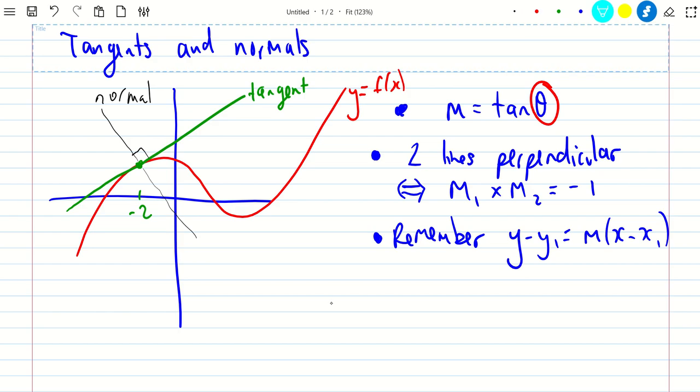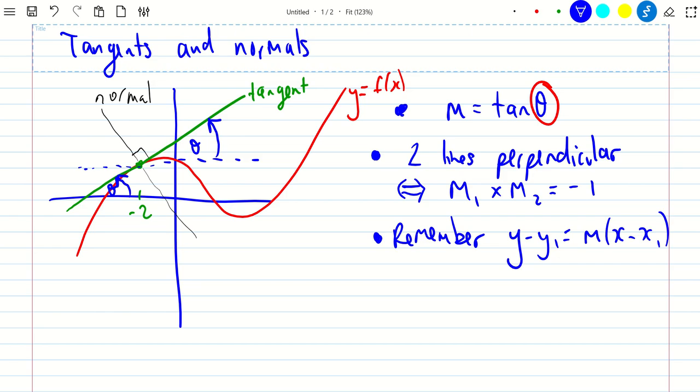I've used everything, I'm going to have to go back to blue. If I draw a dotted horizontal line through there, then that angle from the tangent, that is angle theta coming around to there. We call that the angle of inclination, about how much it's gone up, and it's the angle that it makes with the x-axis, because that angle is the same as that angle there.